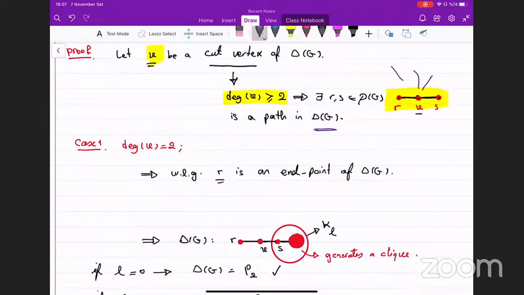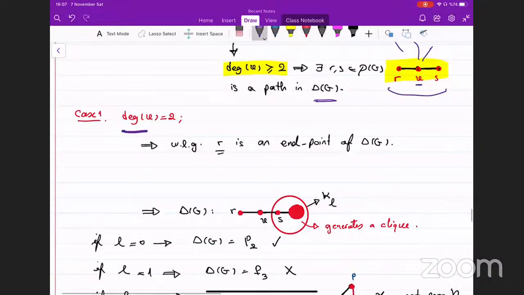If you're working with the case that the degree of your vertex V, which is the cut vertex, is 2, then the case that R is connected to some other vertices and also S is connected to some other vertices is not possible. So either R or S must be an endpoint. Without loss of generality, I can suppose that R is an endpoint of delta G.